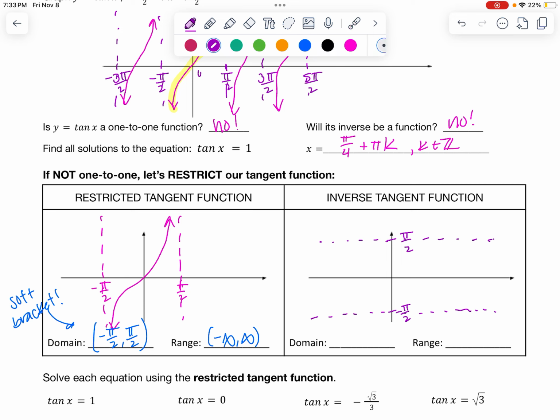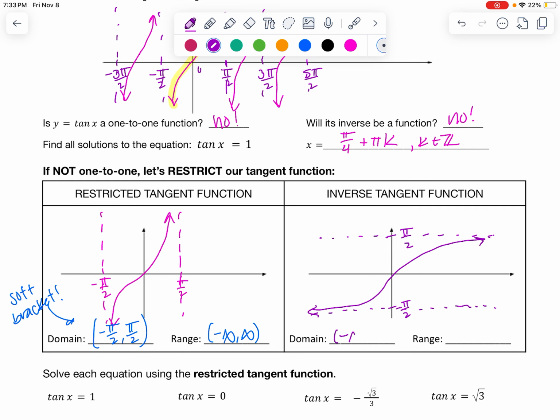So I'm still going from negative infinity when we're at negative pi over 2. And then I'm going to go towards infinity when we're heading towards pi over 2. So there's my inverse tangent function. These guys just switch, so I'm going from negative infinity to infinity. And my range is, again, these pi over 2's are not included, so I do have my soft brackets.